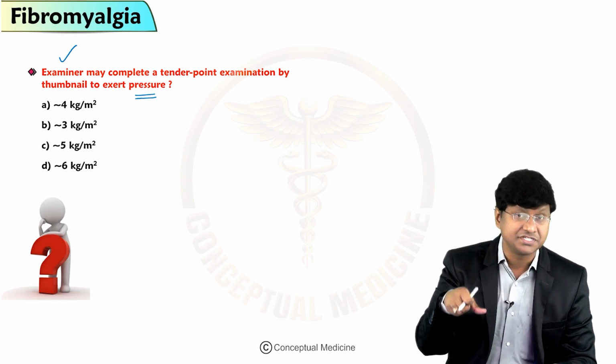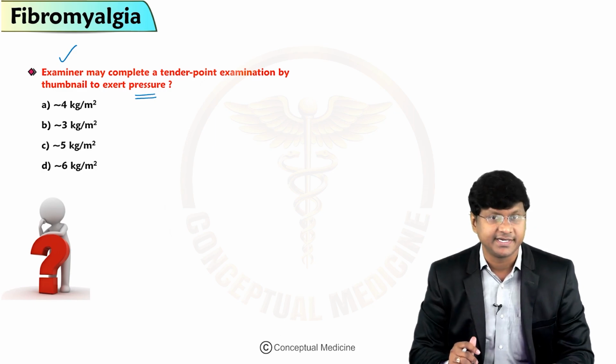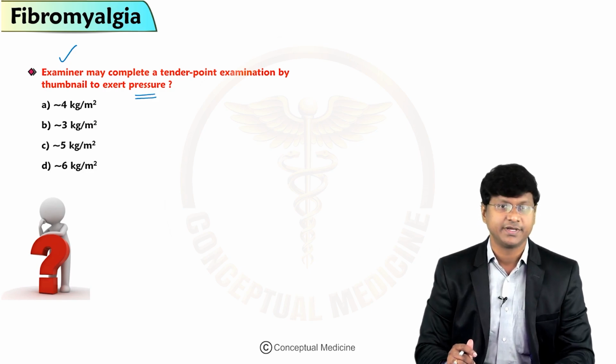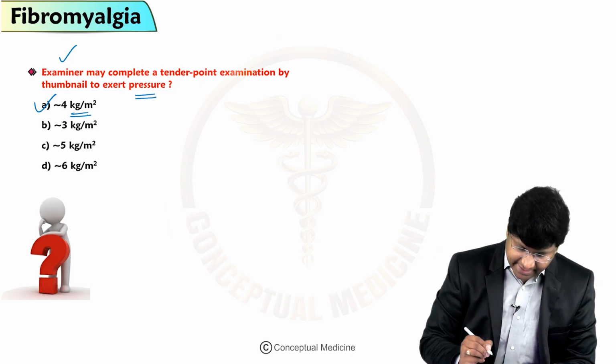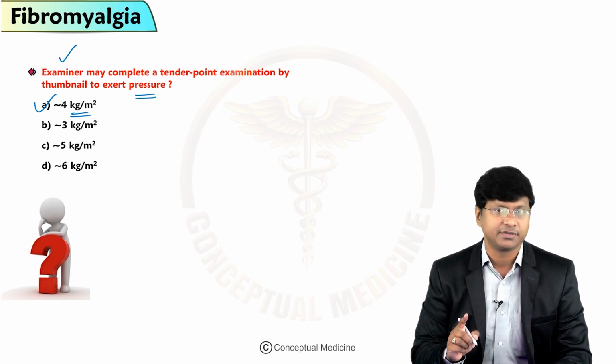How much pressure has to be applied over the tender point to elicit the tenderness? 4 kg per meter square, 3 kg per meter square, 5 kg per meter square, 6 kg per meter square. The pressure that has to be applied is around 4 kg per meter square. That's a very important thing.